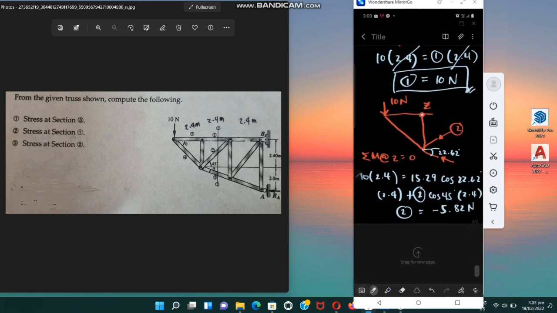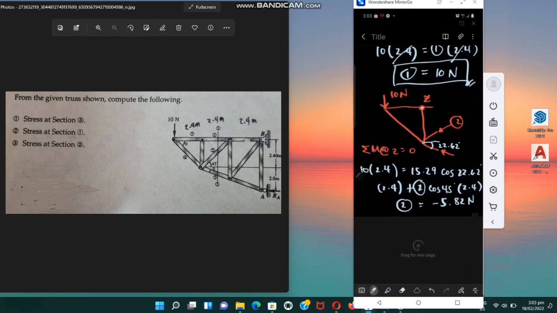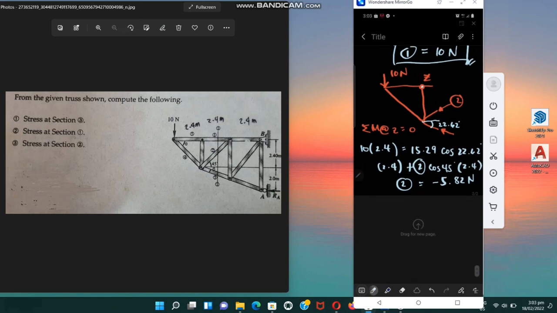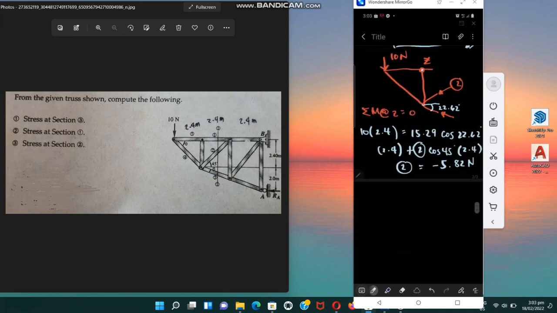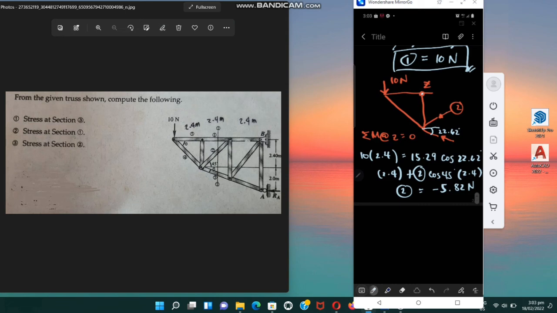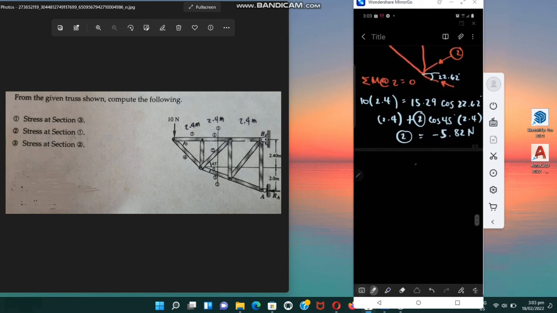So since negative siya, tension siya instead of compression. Dapat si 2 is 5.82 Newton tension.